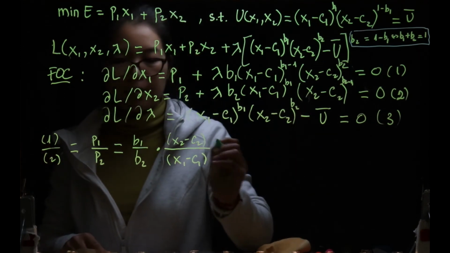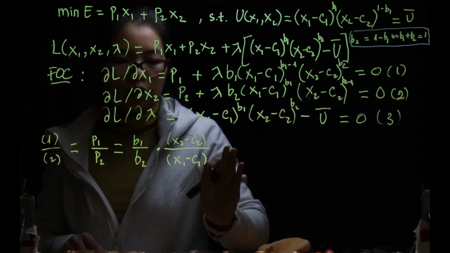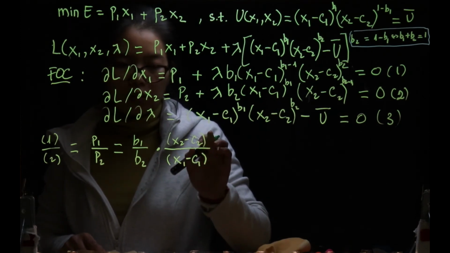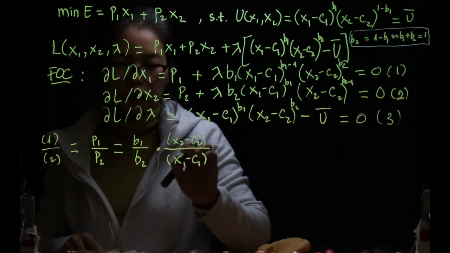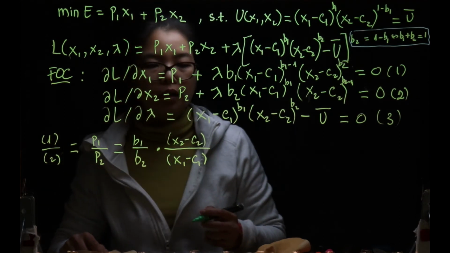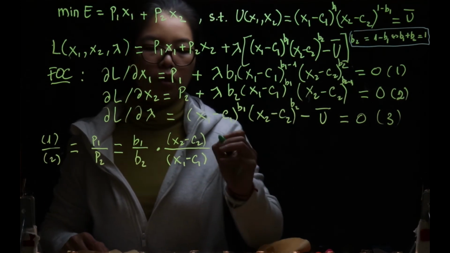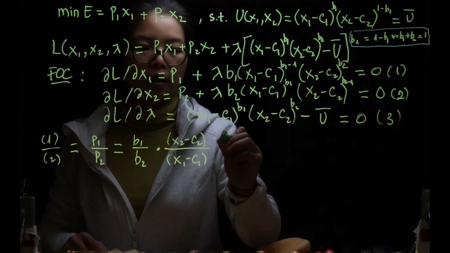Just so you remember. And then here we could solve for either x1 minus c1 or x2 minus c2, and go further from there. Up to you, but here I will solve for x2 minus c2. How?